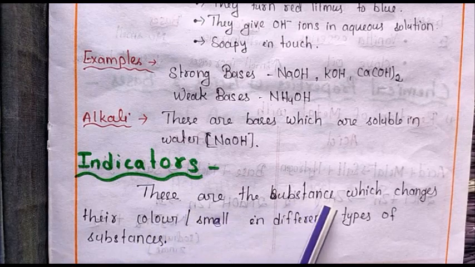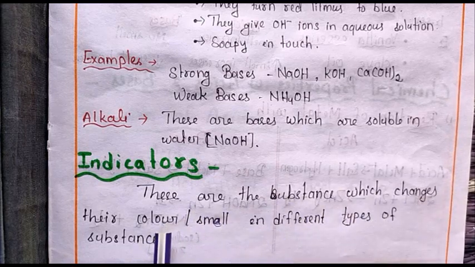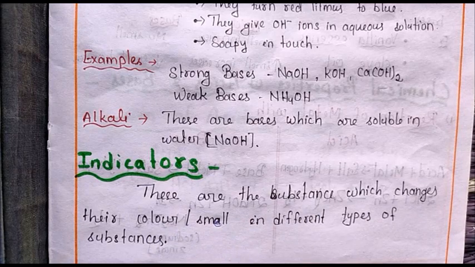When indicators are added to an acid or base, they change some physical property. By this, we can know whether the substance is a base or acid.